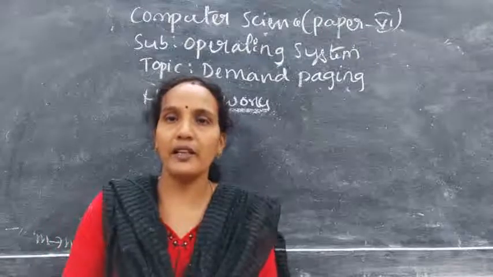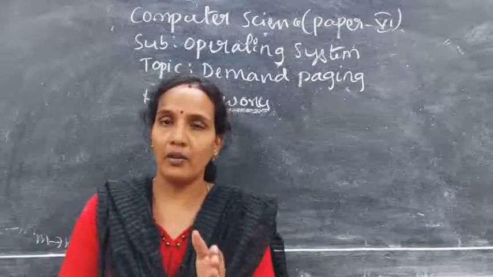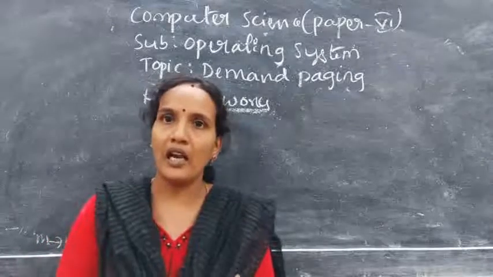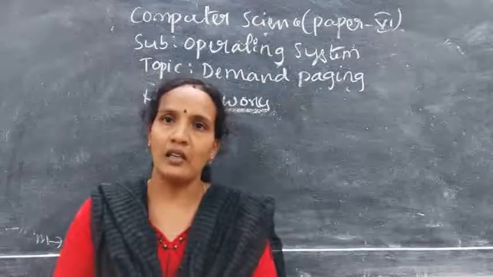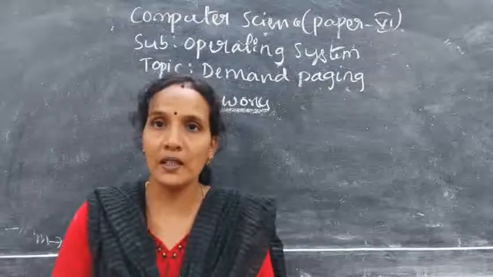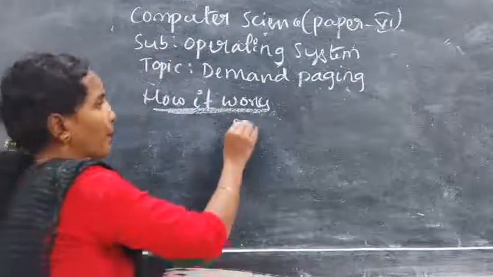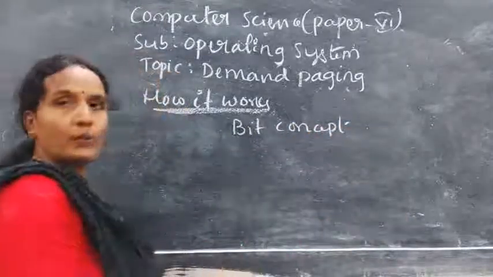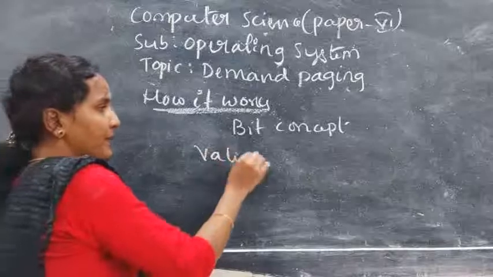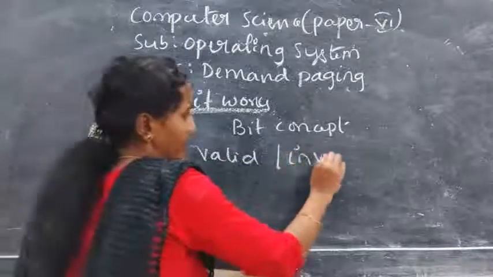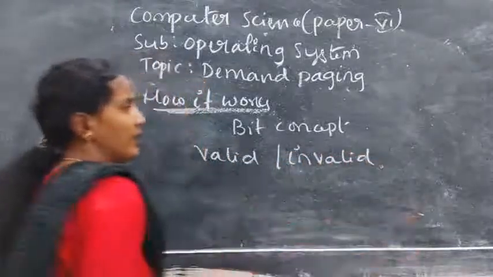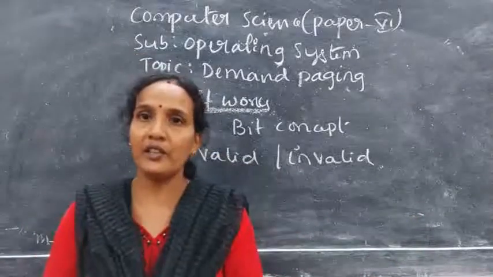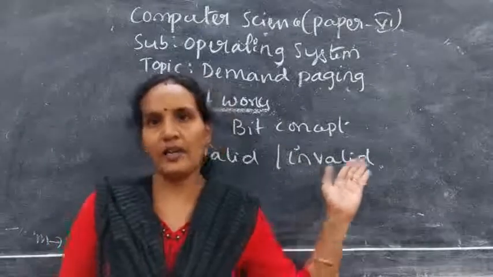In order to distinguish which pages are in the main memory and which pages are in the secondary memory, the demand paging technique uses the bit concept. It uses two bits: one is a valid bit and the other is an invalid bit. Whenever a user requests execution of any page, first it checks the bit.